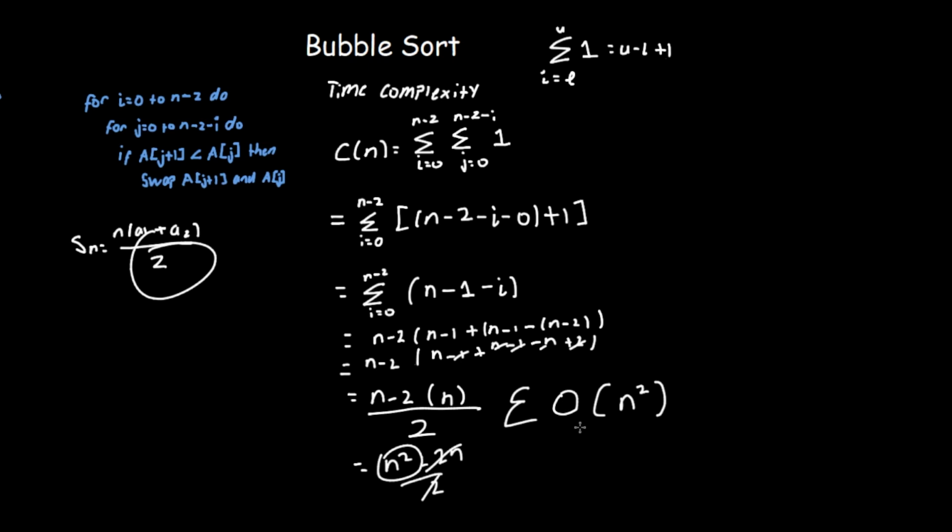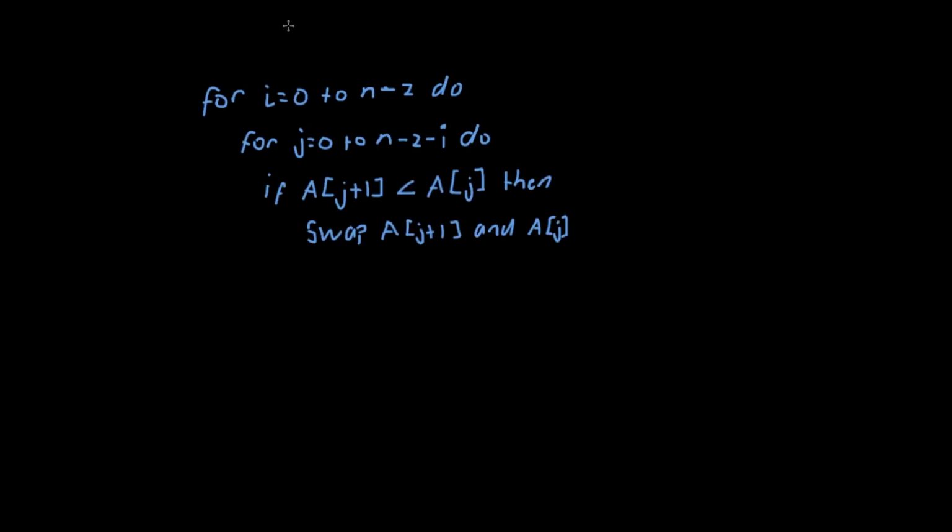Now we can make a change to improve the best case. What this addition is, I'll copy over our pseudocode. If we add a variable here, swapped is equal to false.